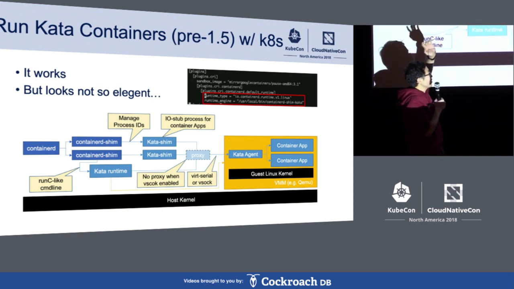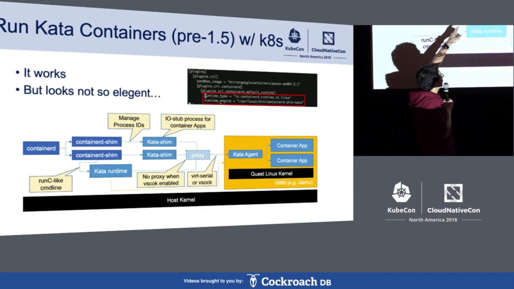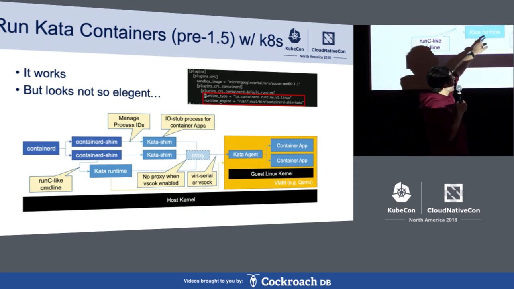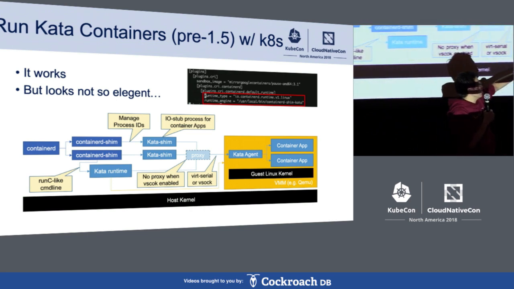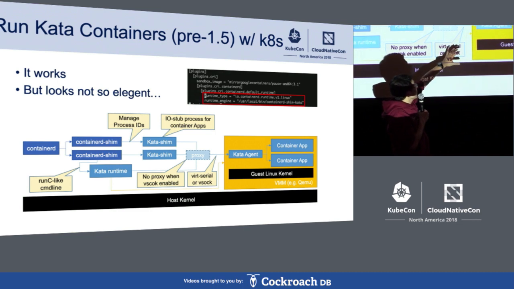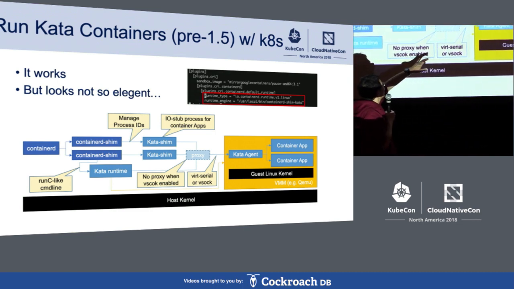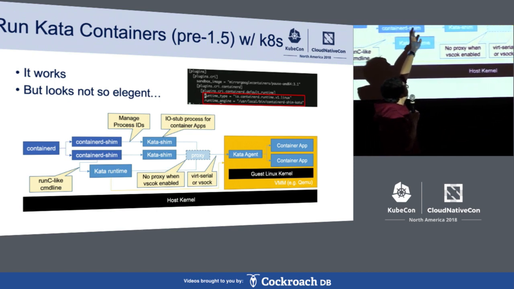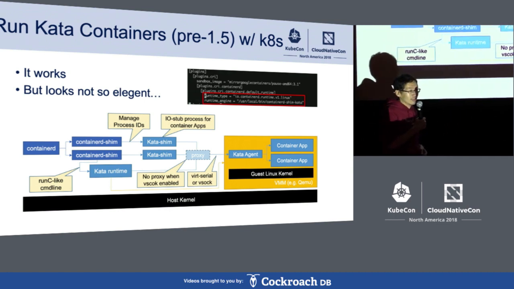Firstly, containerd will create the containerd shim, which is for decoupling things, and the containerd shim will call the Kata runtime. And then the Kata runtime will create the sandbox and the proxy, if that's required, and create the Kata shim and hand the Kata shim to the containerd shim and run this.